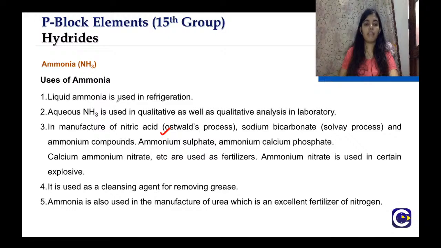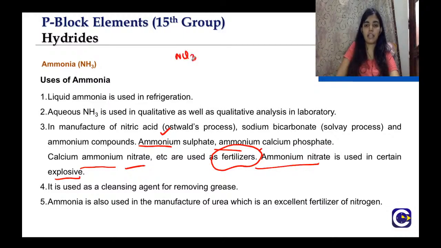So those can be manufactured from ammonia, like ammonium sulfate and ammonium calcium phosphate. So here also, these compounds are used as what? Fertilizers, right? And ammonium nitrate is also used in certain explosives. So two explosives we have studied, that is NCl3 and ammonium nitrate.